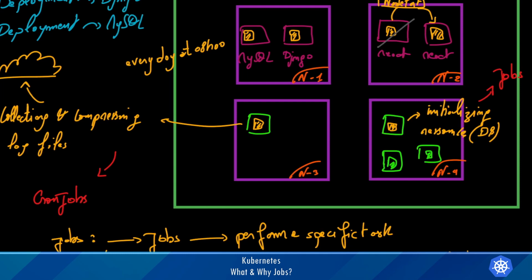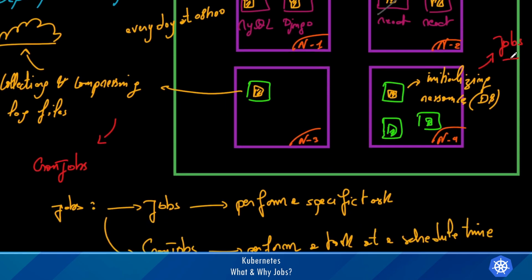And if we want to deploy an application to perform a task at a scheduled time, for example, we want an application to do something in the cluster every day at a specific time, here we have to use CronJob. So that's it for now. In the upcoming videos, we will see jobs in practice, and I hope that everything is clear, and thank you very much.